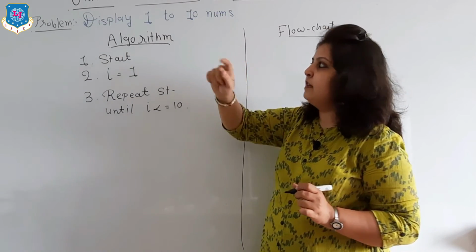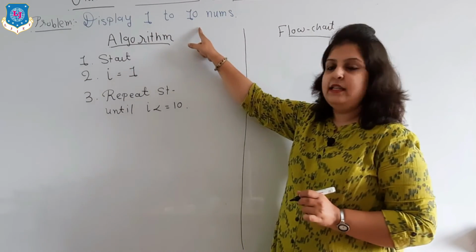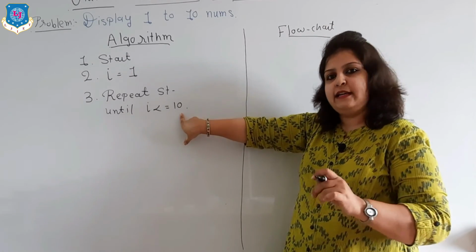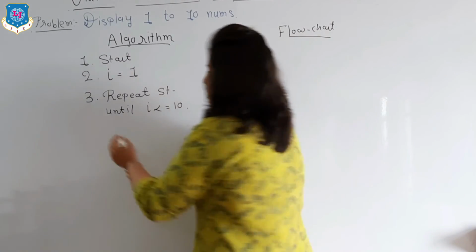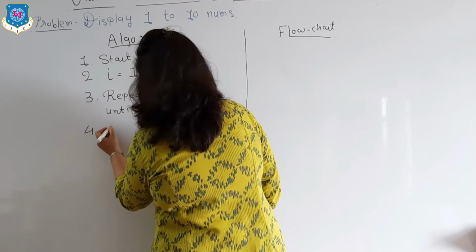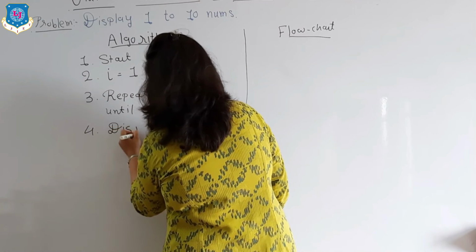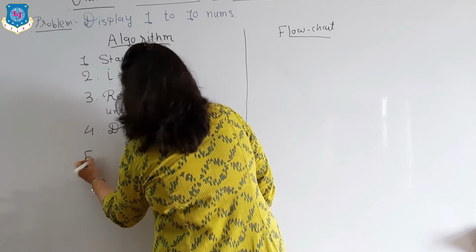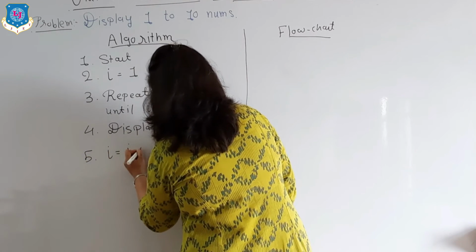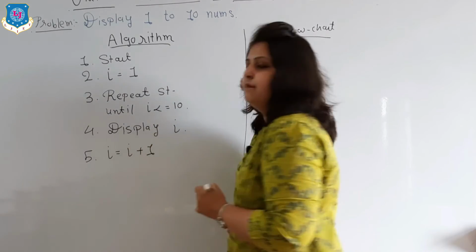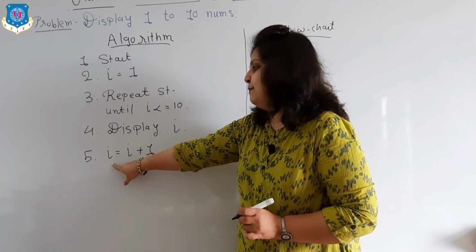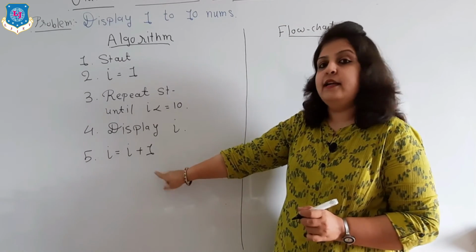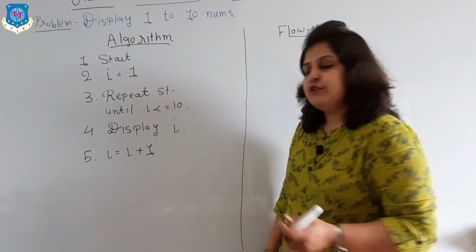If you want to display 1 to 20, then simply we write I less or equal to 20. Now our process is display I, and then increment the value of I by using the expression I is equal to I plus 1, and our last statement is stop.